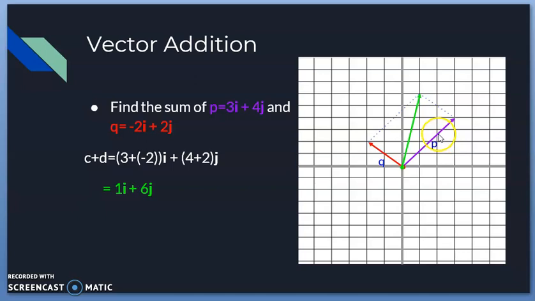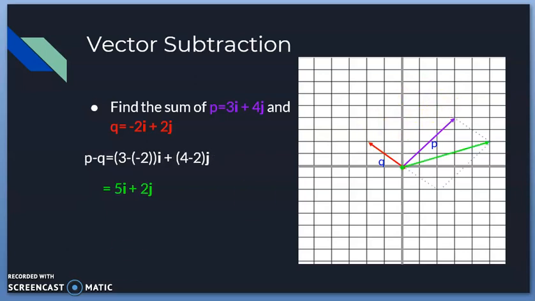It's like you're putting vector p here and vector q here and drawing a parallelogram, and then you'll have this added vector, the resultant vector, between them. So it'll start where they started and end at this point here.